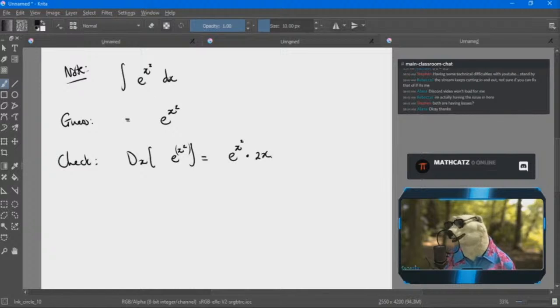And now I see, oh, but there's no 2x in my target. There's no 2x here in the integral question. So, why don't I just put a 1 over 2x in front so that it cancels, and I'm good to go.